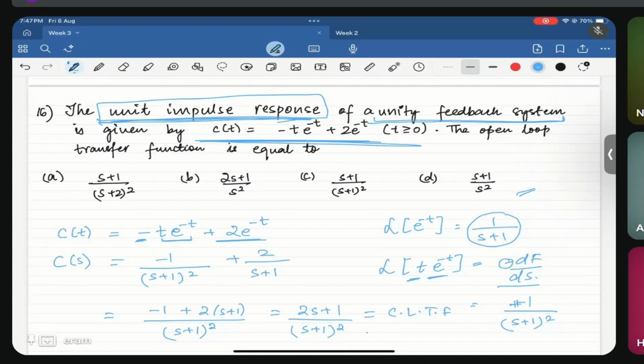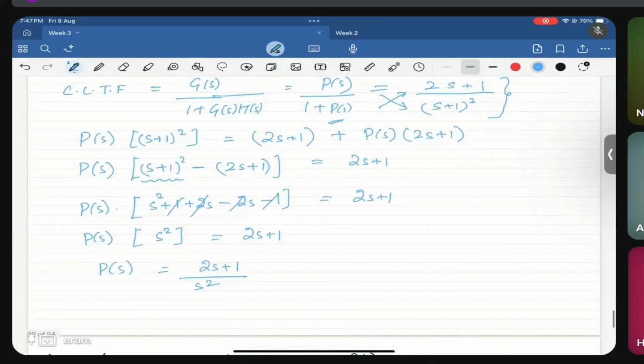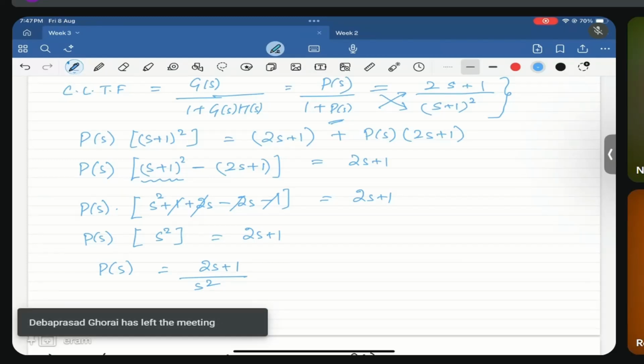The open loop transfer function is option B, 2s plus 1 divided by s square. Right? Clear to everyone? Yes, ma'am.